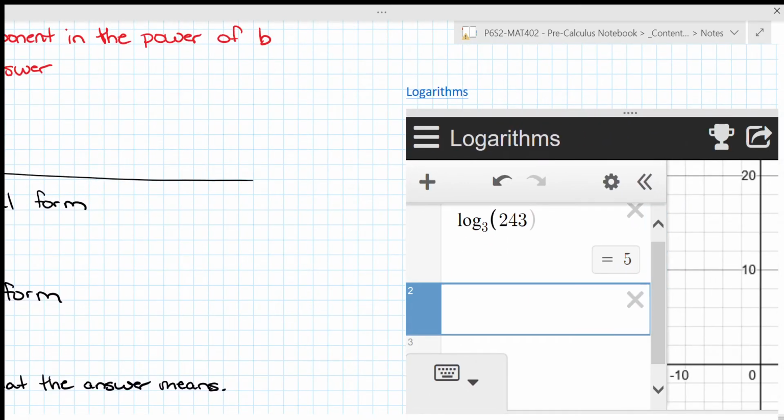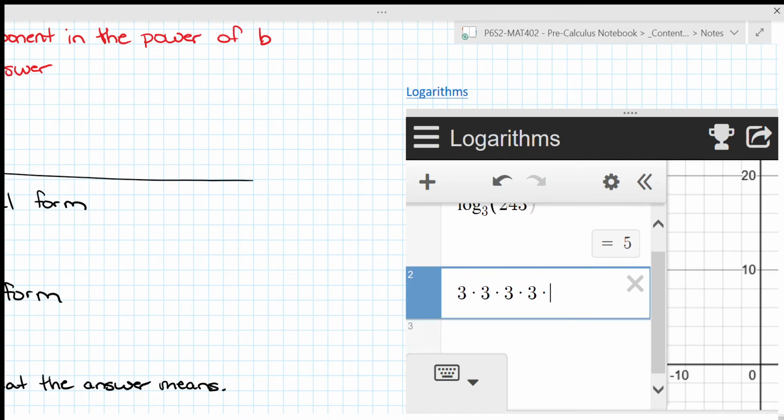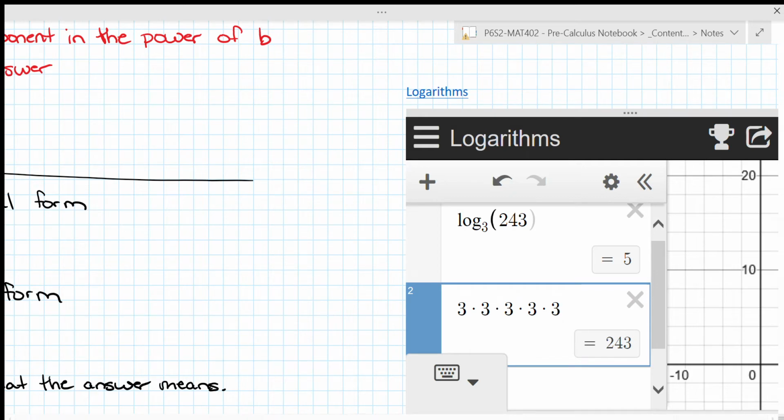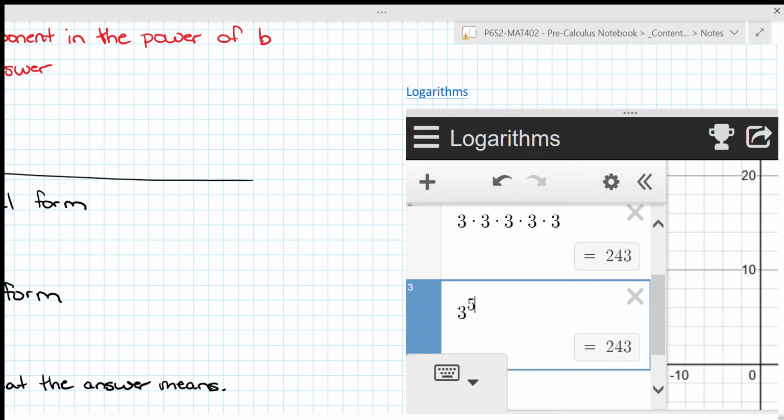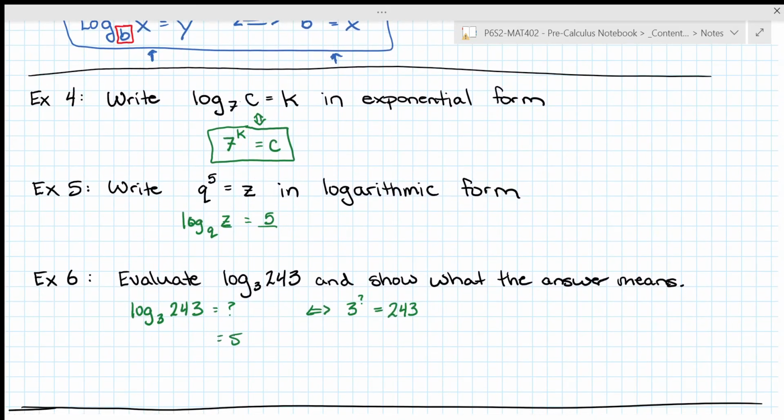So 3 times 3 is 9, times 3 again is 27, 81, and 3 five times would be 243. So if the log base 3 of 243 is 5, that means that 3 to the 5th gives me 243 as your answer.